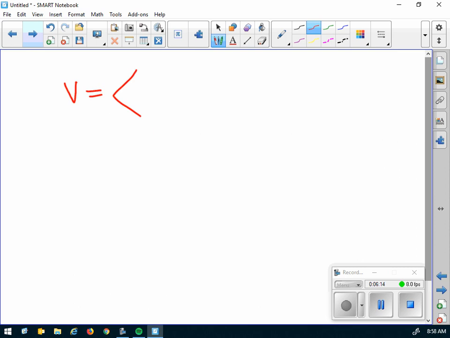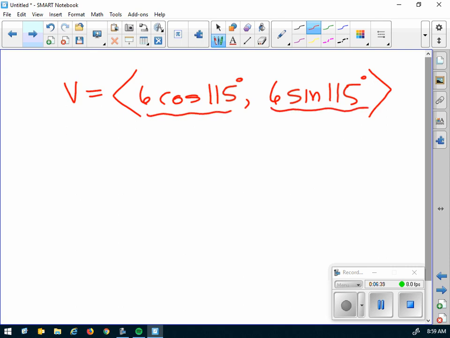The magnitude of the vector is 6. Direction angle is 115 degrees. That's the horizontal component, and the vertical component. That's all you have to do to write a vector. That's it. Nothing else to it. This tells you the horizontal component, and this tells you the vertical component. Okay?